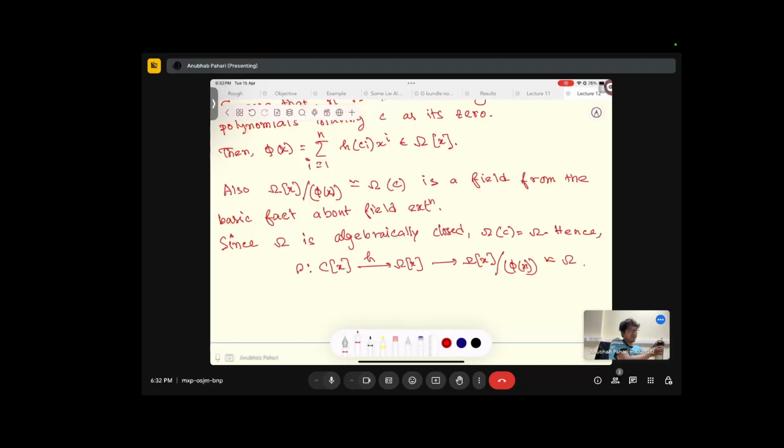So this map is a homomorphism with kernel, you know that, summation ci x to the power i.